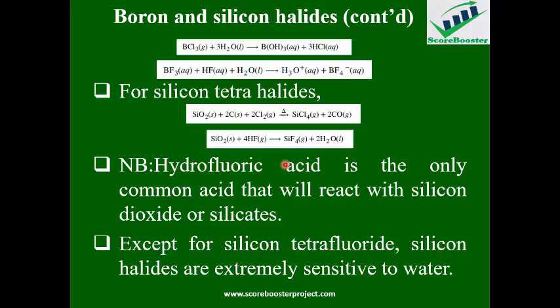That is why if you have glass in the laboratory, they don't store hydrofluoric acid in glass waste, simply because glass is made up of silicon oxide or silicate substance.